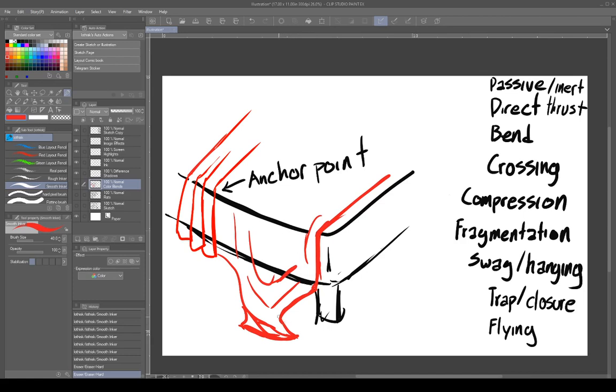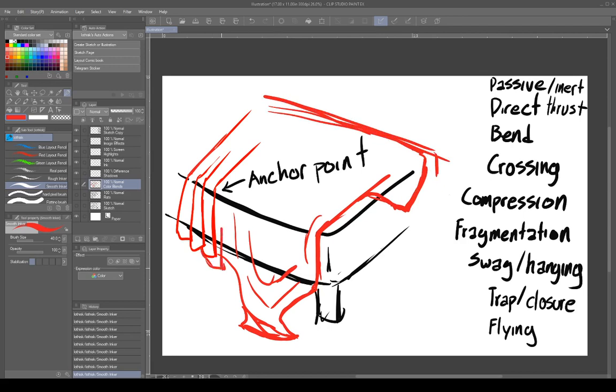Anytime that you've got stuff loose or hanging off, you're going to have to think about everything that's going on. So yeah, we could think of cloth that way.